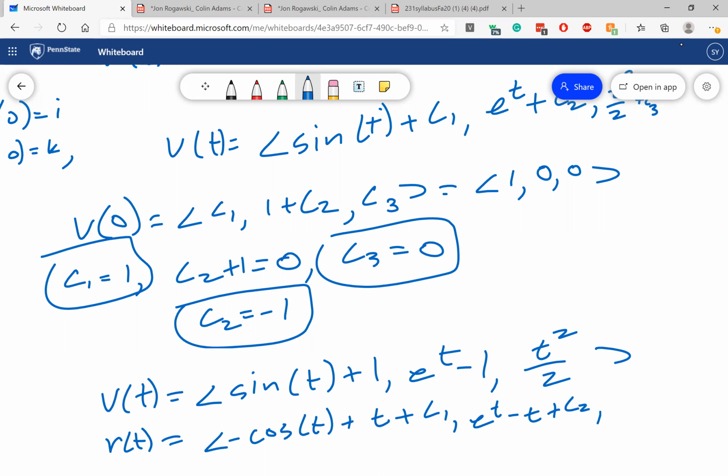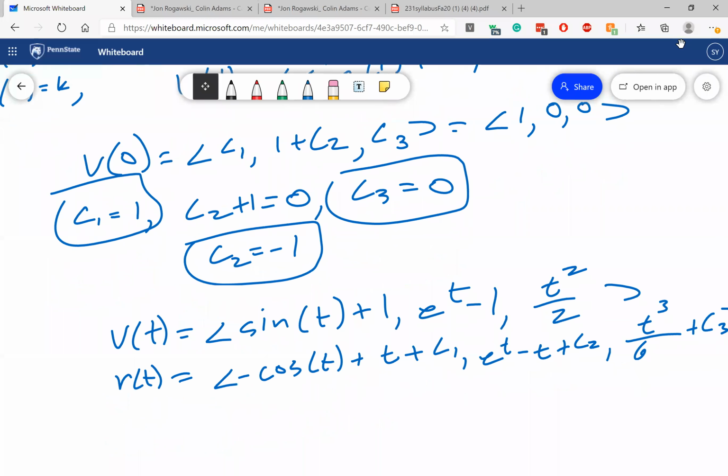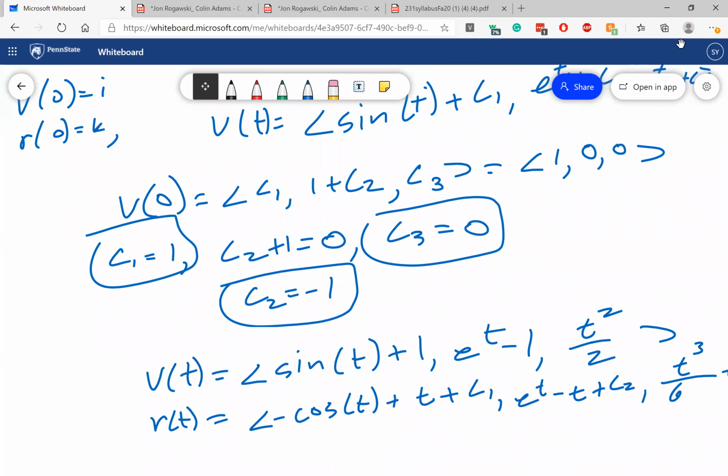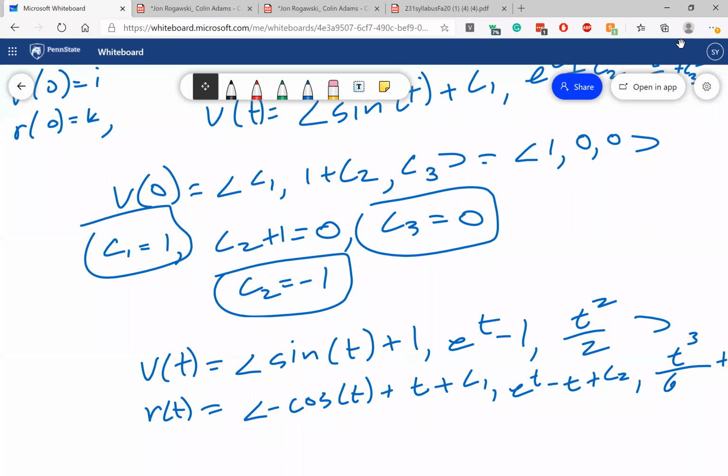And this is going to give us t cubed over 6 plus c3. So far, is this clear? Yeah, it's clear. Thanks.